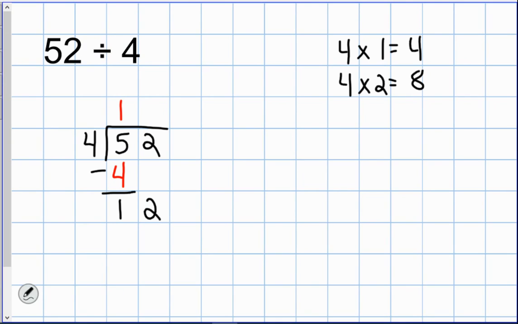Well, let me look at that multiplication menu I built. 4 times 1 is 4. 4 times 2 is 8. 4 times 3, just add 4 to 8, is 12. Hey, look at that. That's perfect. So I need that 3. 3 times 4 is 12. No remainder.